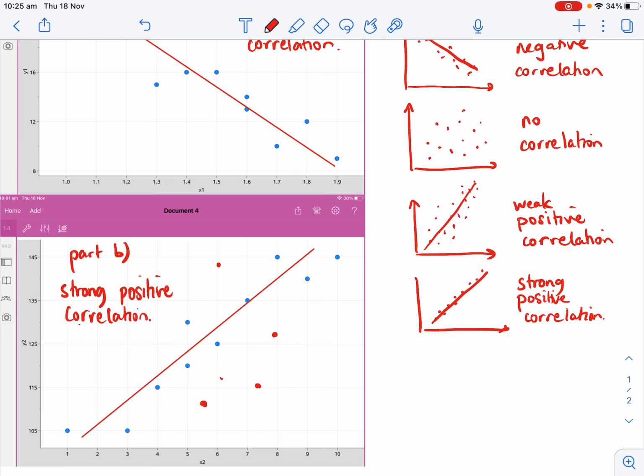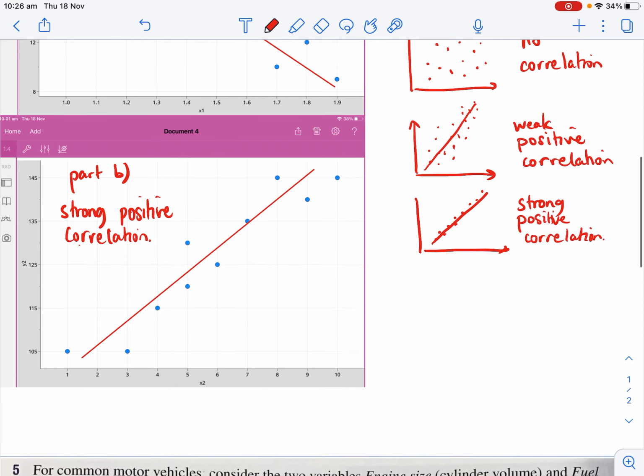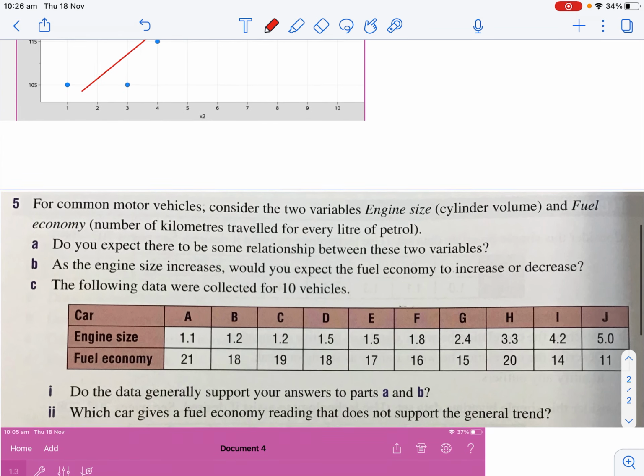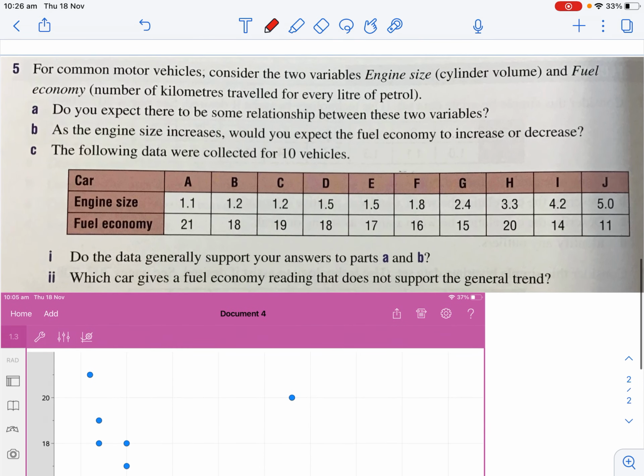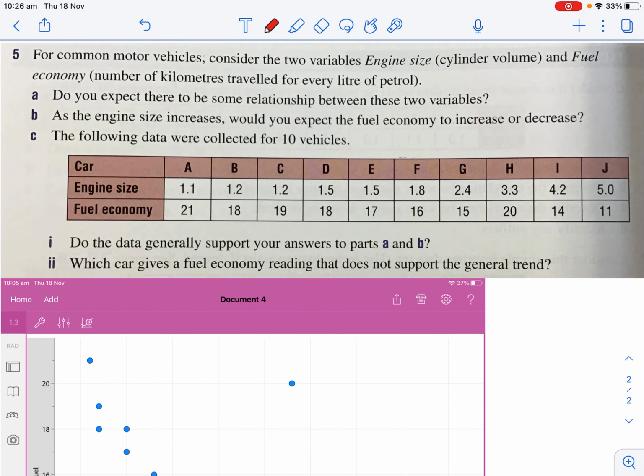If I had a few extra points out here, then maybe I'd start to consider that a weak correlation. I can still see it's going up, but I've got more spread in my data. Let me get rid of those points because they weren't part of the question and I don't want to confuse everybody. Okay, let's move on to the second question from exercise 9G.